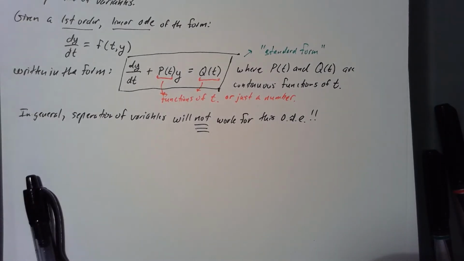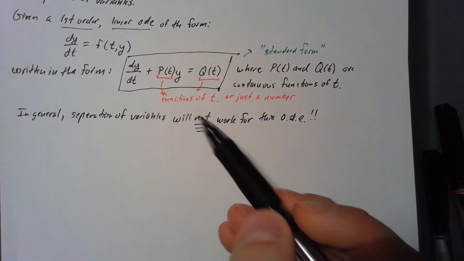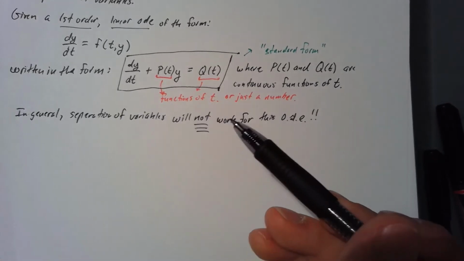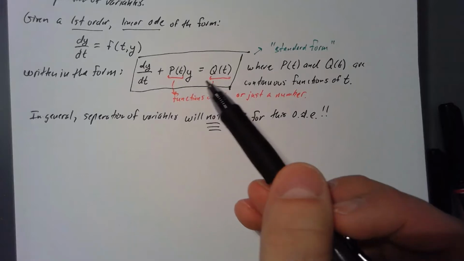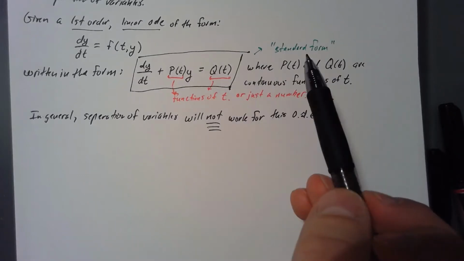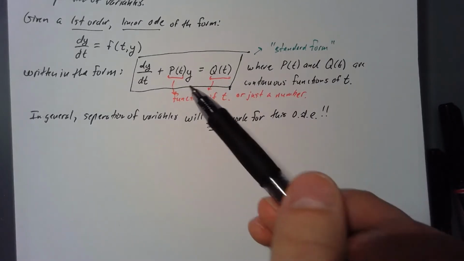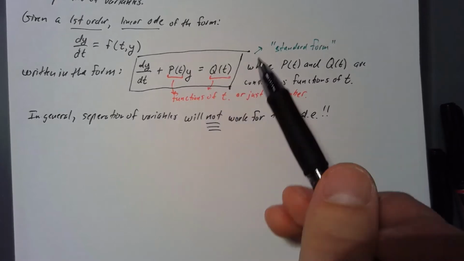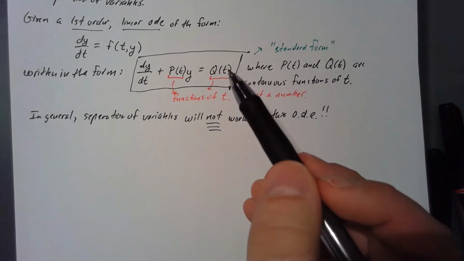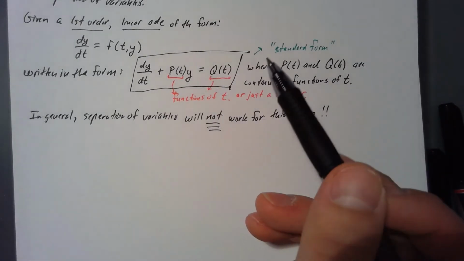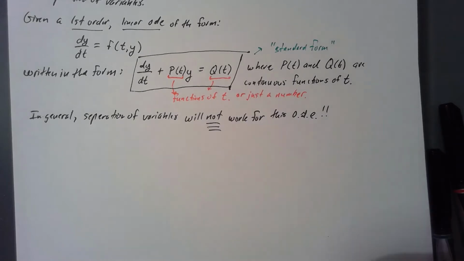So if you hear me, or the instructions of a question, saying put this first-order linear ODE in standard form, this is what they're talking about. Put it in this form. It may not be given to you in standard form, but you will have to put it in standard form in order to solve it. And you'll see how we do that momentarily. Okay.